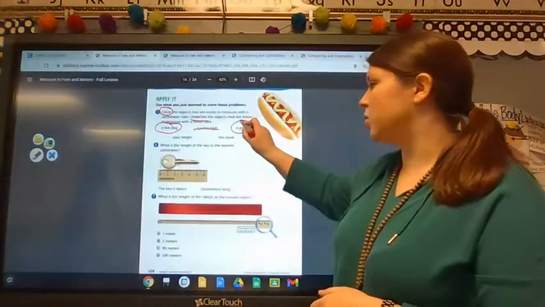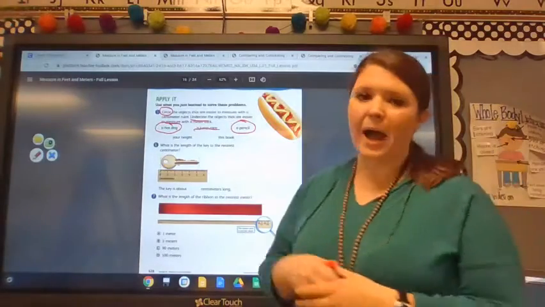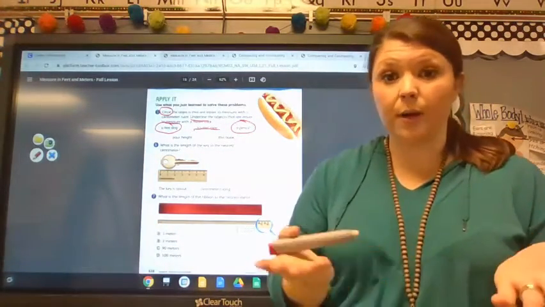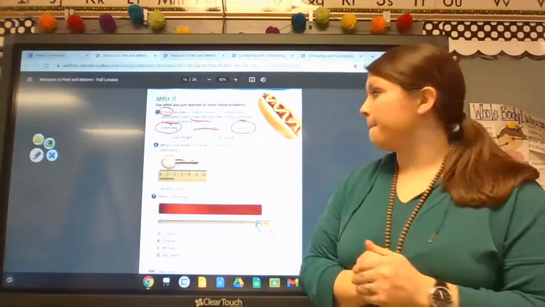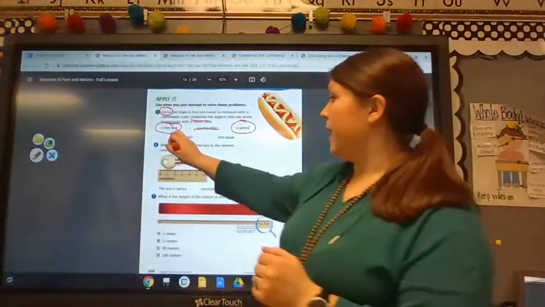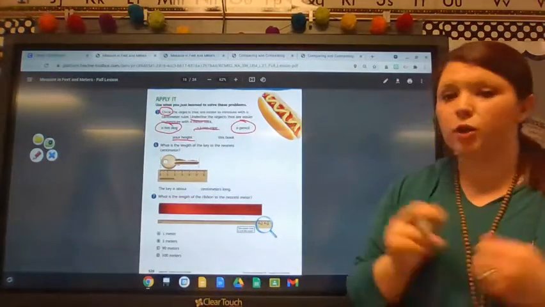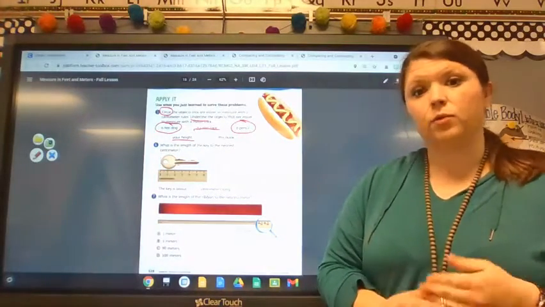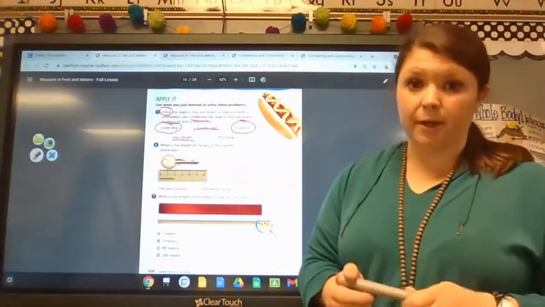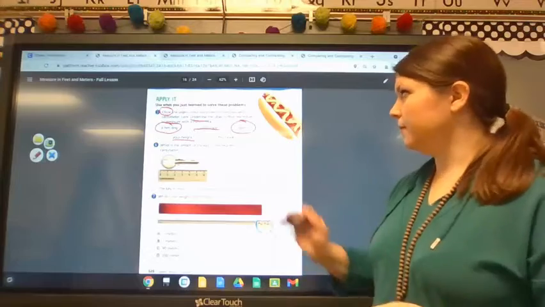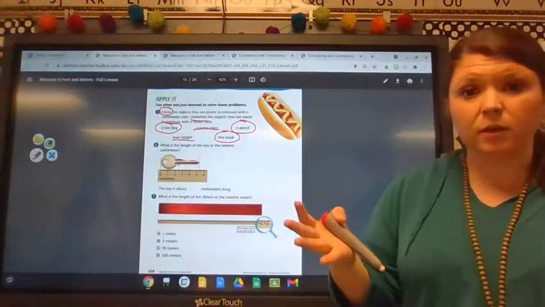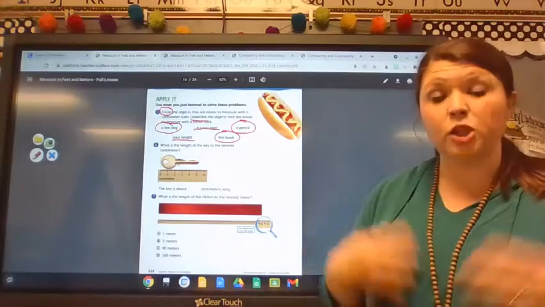A ruler. What about your height, how tall you are? A meter stick. What about your Ready Math book? Would you use a ruler to measure that or a meter stick? Yeah, a ruler.